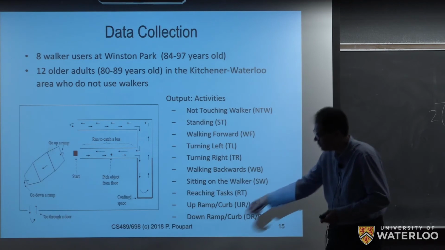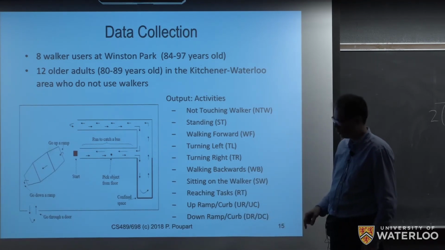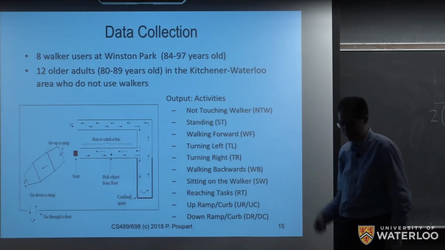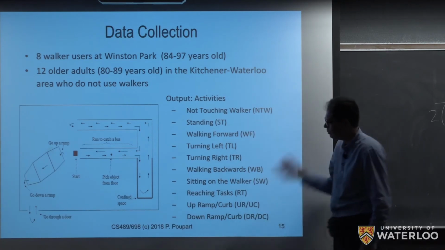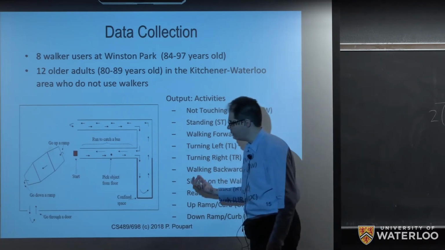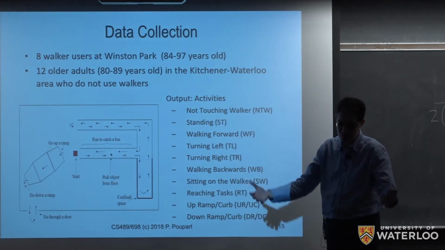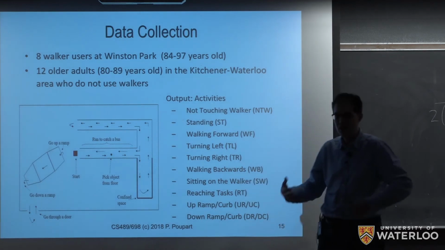The person could be reaching to, let's say, pick up an object on the floor, going up or down a curve, and so on. Okay, so these are possible activities. And then the reason why we cared about trying to estimate those activities was because in the context of walkers, and especially for older people, one big risk are falls.